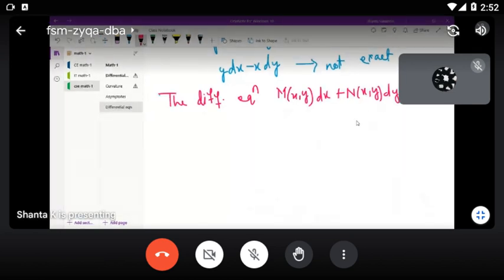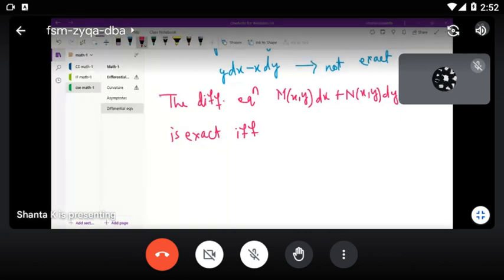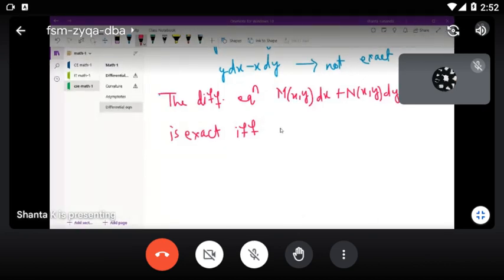Can you interpret this in this way? So what did you say? Could you repeat? Ma'am, M(x,y) is equal to partial differentiation of f of x with respect to x.